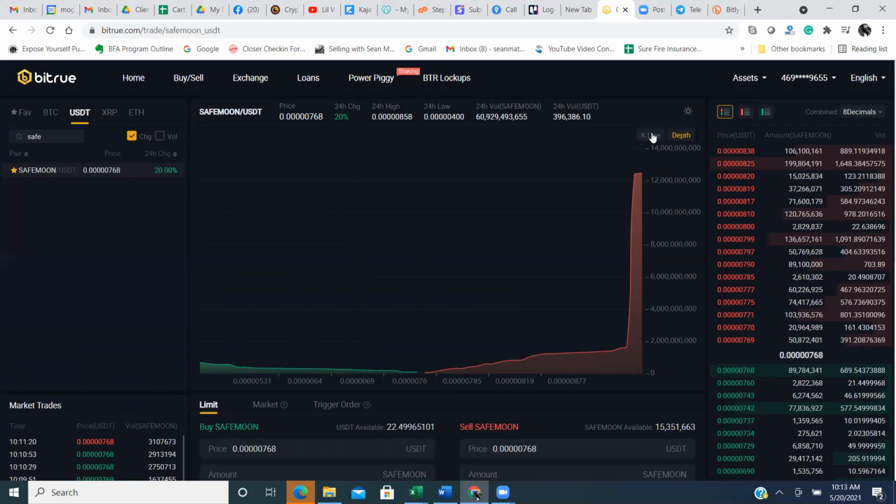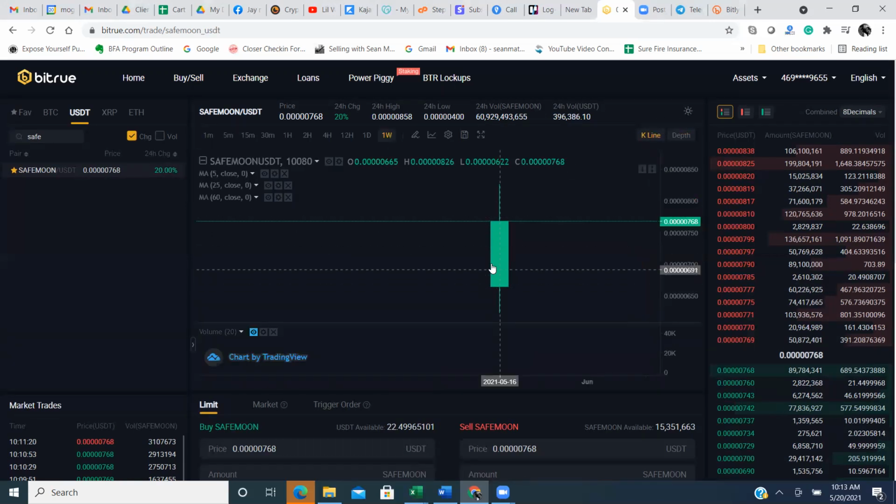That's why you'll see these big jumps, from 0.664 to 767.